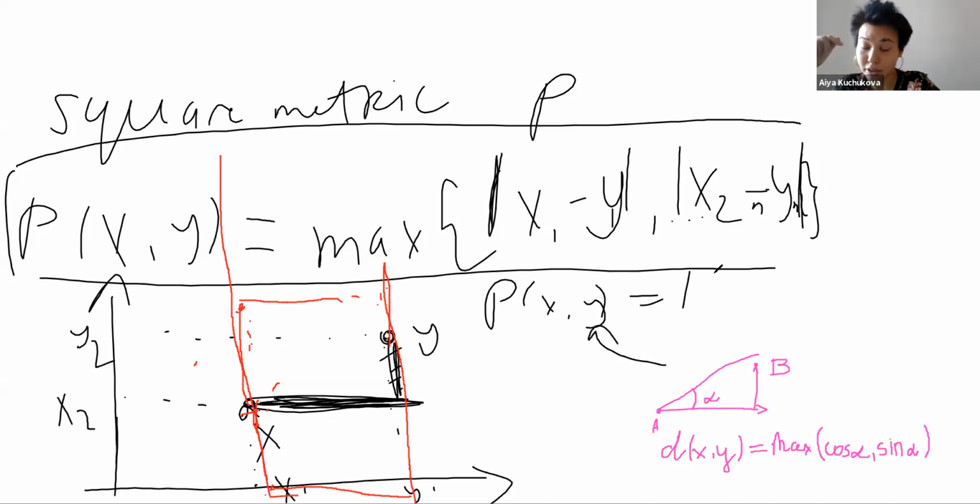The only thing you have to be careful with is that cosine alpha and sine alpha together have Euclidean distance 1. But here, when you take a maximum out of them, you get, for example, that even if cosine alpha is bigger, it will just be equal to say 0.5, and then you have to scale it to 1.